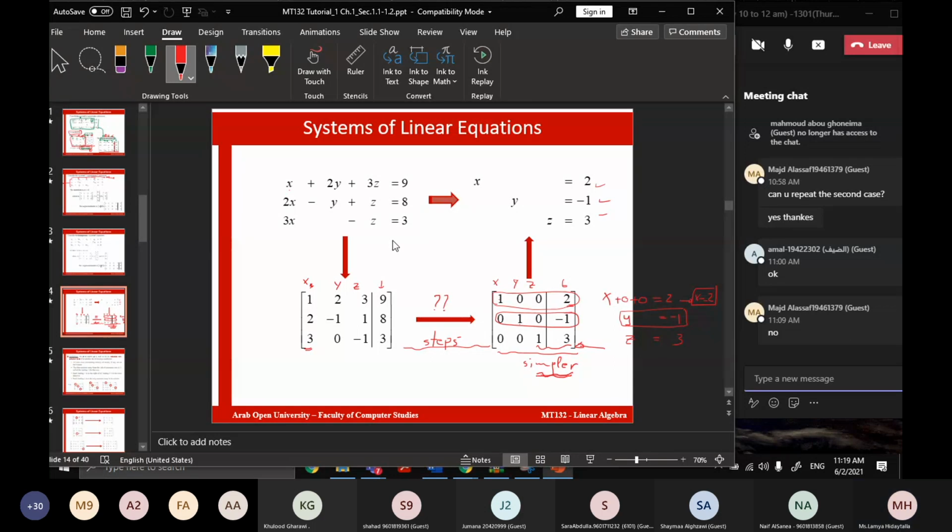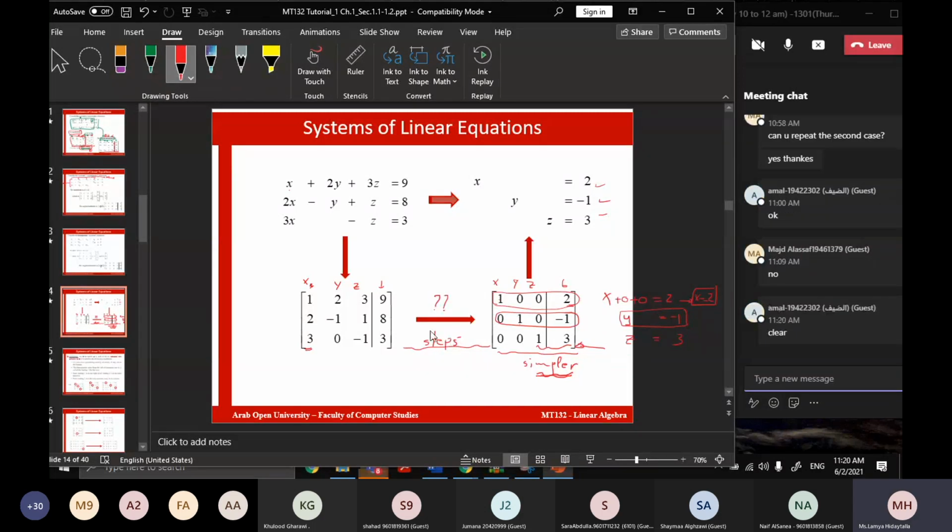Now, before I give you the steps, I want to show you where we should reach. How can I know that this is one of the simpler systems, or where I want to reach? I want to reach an equivalent system.